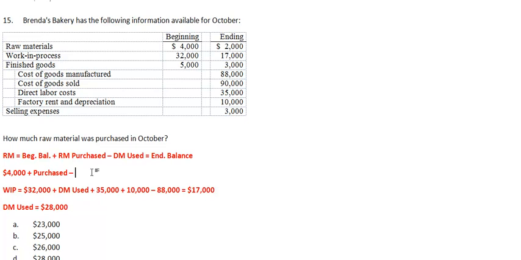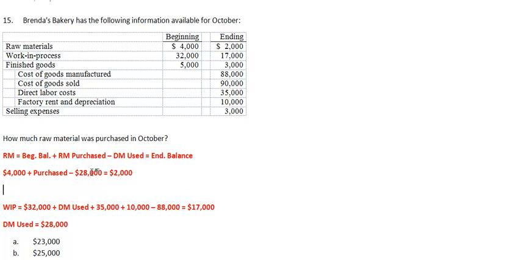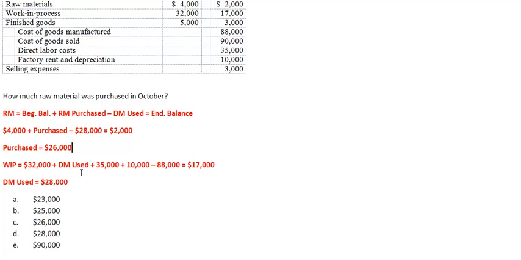Now that you know direct materials used, it can go back into the raw materials account. Ending balance in raw materials is 2. So now you can solve for purchased. So you must have purchased $26,000 of materials. So purchased materials, $26,000. So your answer here is C.